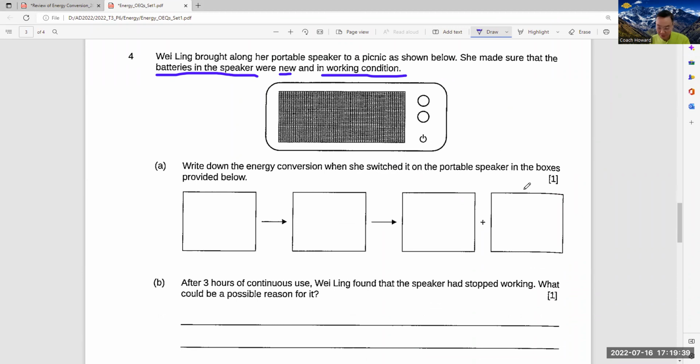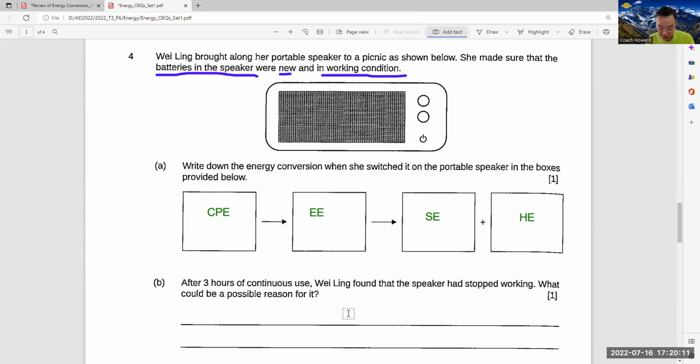So you must understand, what does a battery store? The first blank is that the battery stores chemical potential energy. When you switch on, it's changed to electrical energy. And because it's a speaker, it produces sound, and after some time, it produces heat. So you spell: chemical potential, changed to electrical, changed to sound plus heat energy.